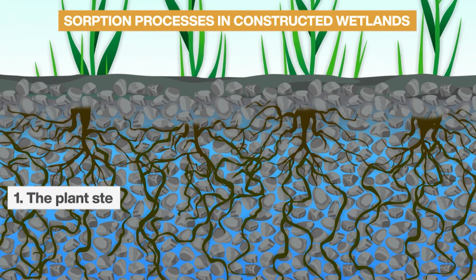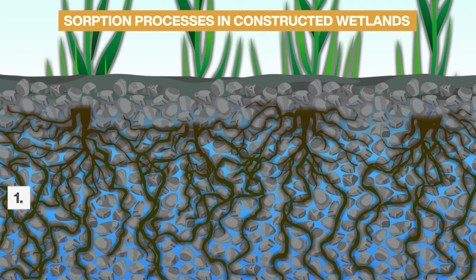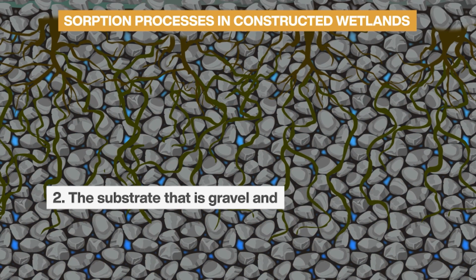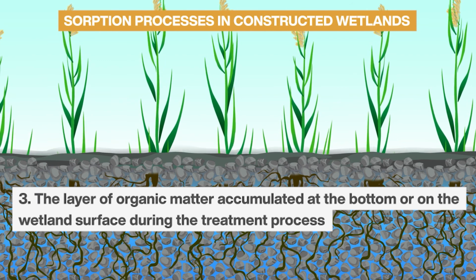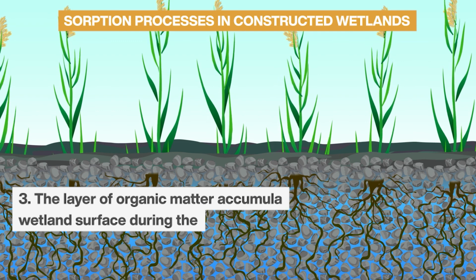First, the plant stems and roots submerged into a constructed wetland. Second, the substrate, that is gravel and sand. Third, the layer of organic matter accumulated at the bottom or the wetland surface during the treatment process.